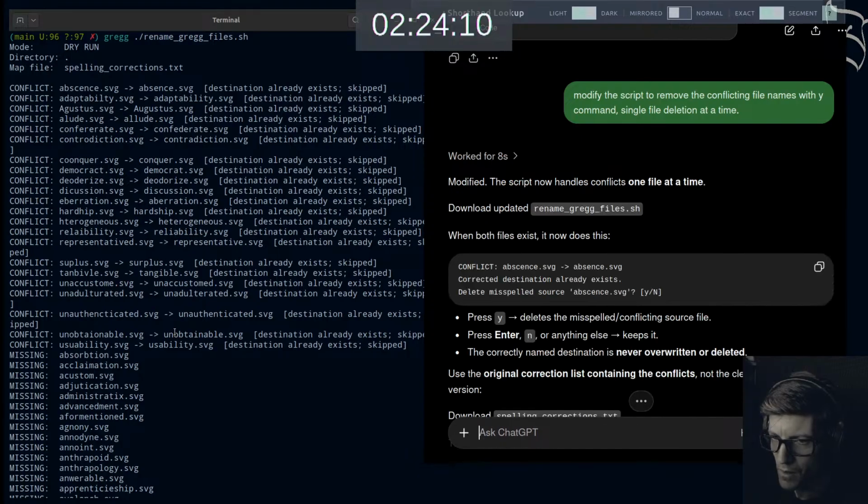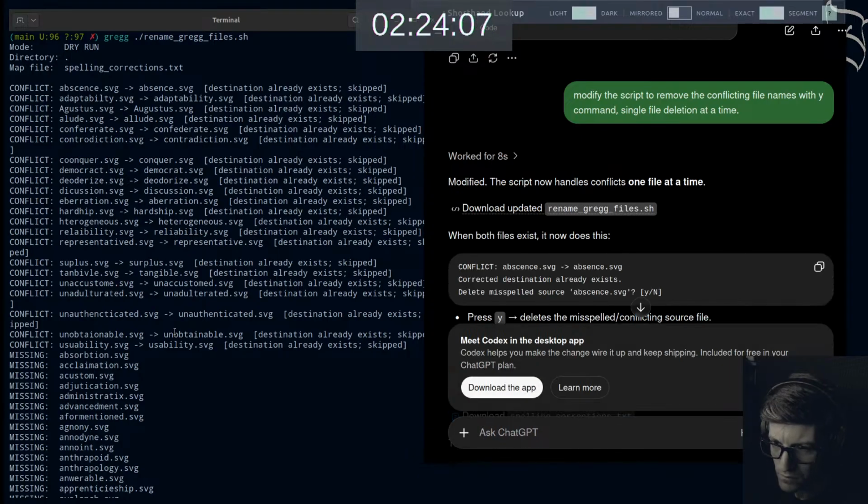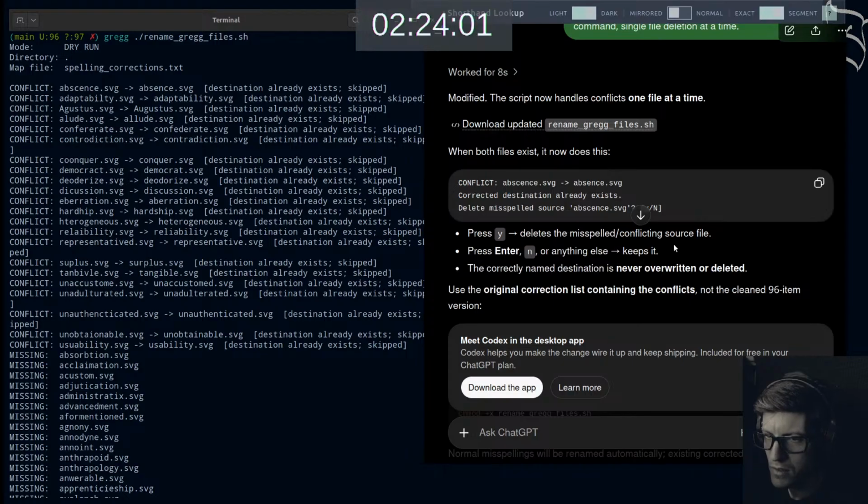Good, good. All right, nice. So press Y to delete the misspelling, press Enter or N to keep it. The correctly named destination is never overwritten or deleted.